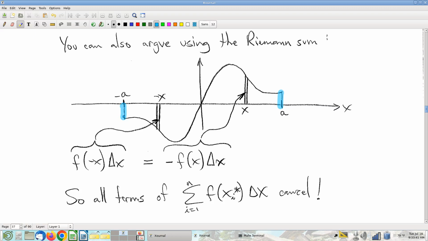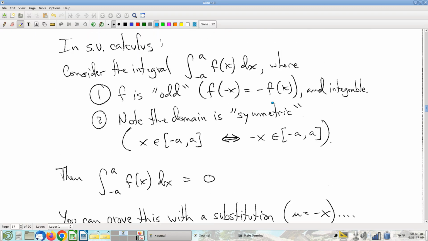And so you don't have any leftover terms remaining after you cancel, right? So that's why you need both of these conditions. The function's got to be odd for the cancellation to happen in the first place, and the domain's got to be symmetric so that the cancellation will leave nothing left over. Okay, so those are our 2 conditions.